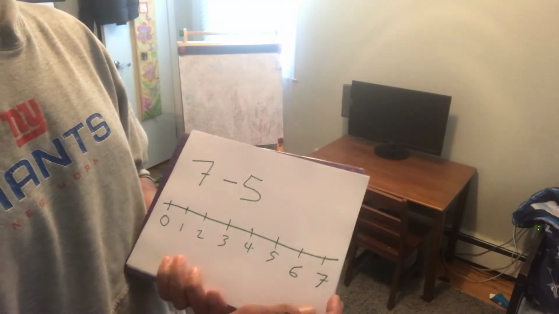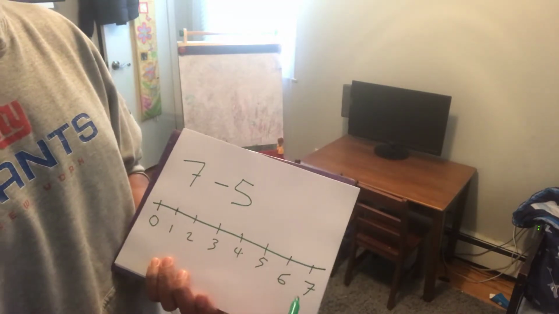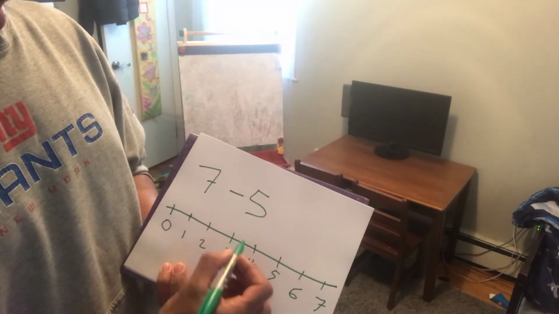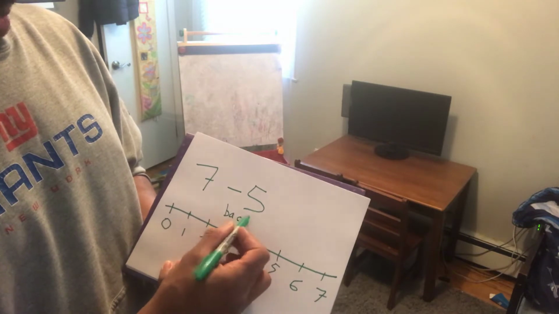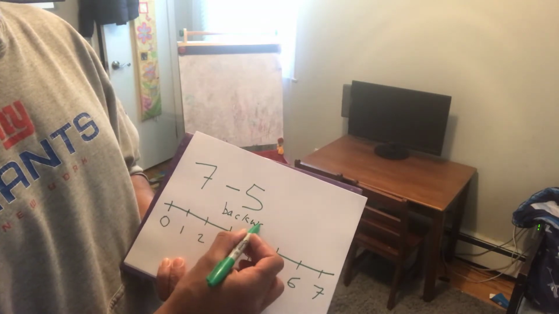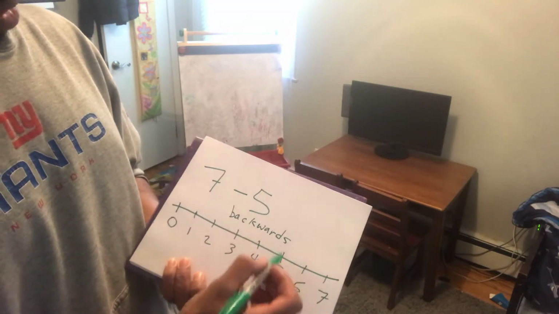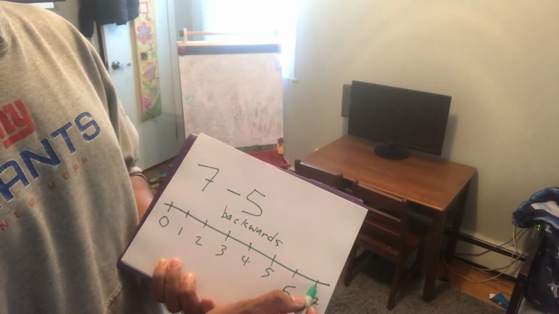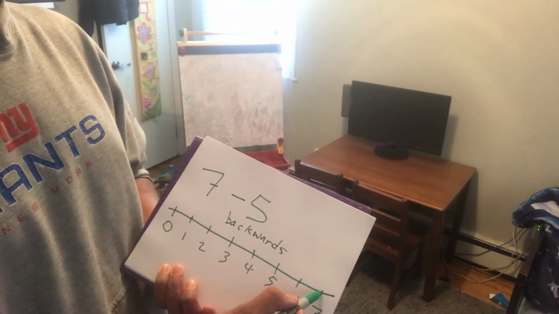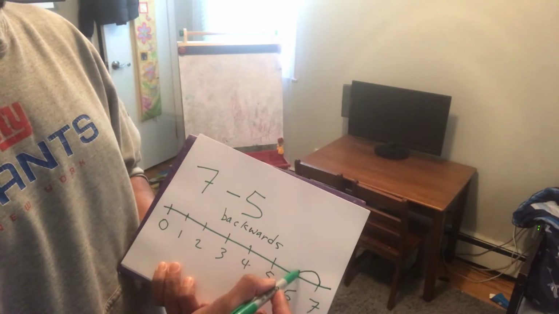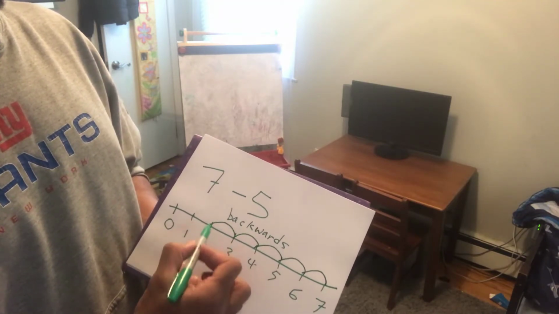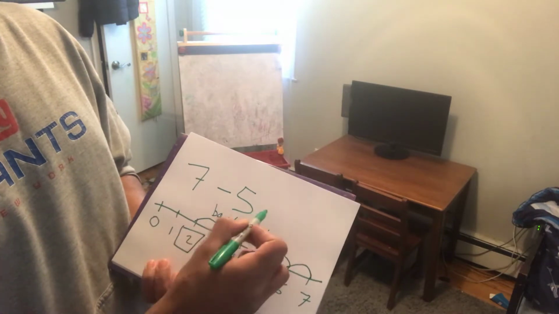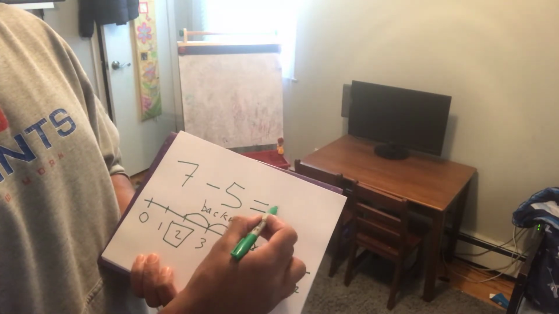When you do subtraction, you got to go back. Subtraction is backwards. So I start at 7 and I'm going to go 5 spaces backwards. 1, 2, 3, 4, 5. And I landed on 2. So 7 minus 5 is 2.